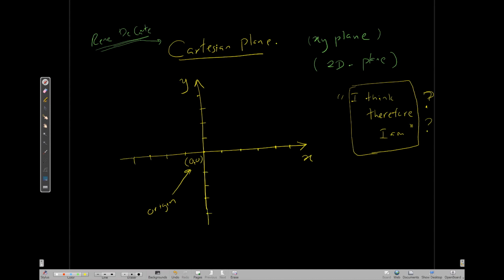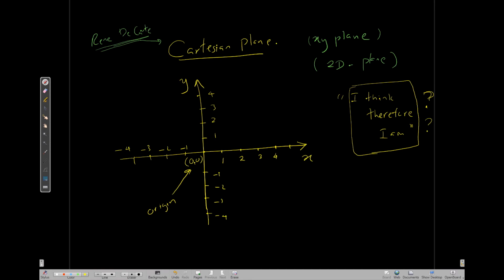So right hand side of x-axis positive numbers 1, 2, 3, 4, and so on. Top side of y-axis again positive 1, 2, 3, 4. Left hand side of our x-axis they are negative 1, negative 2, negative 3, negative 4. And bottom negative 1, negative 2, negative 3, negative 4.